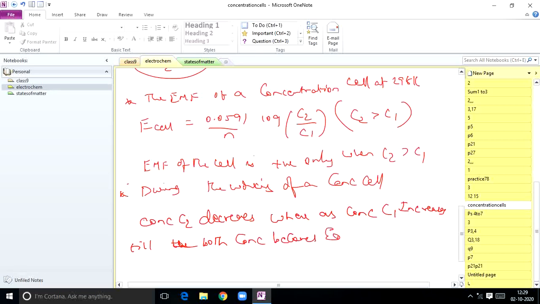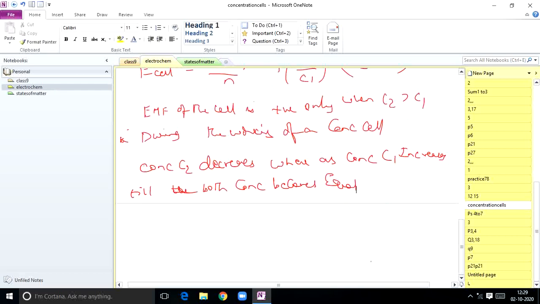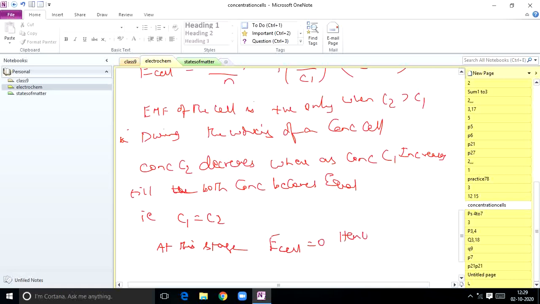That is, C1 is equal to C2. At this stage, the EMF of the cell is equal to 0. Hence, the cell stops working.